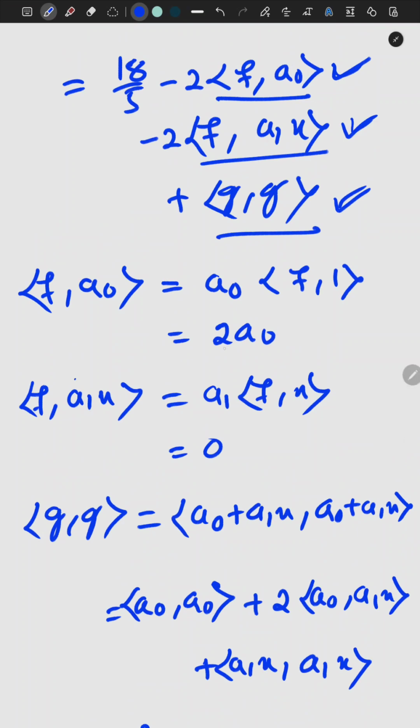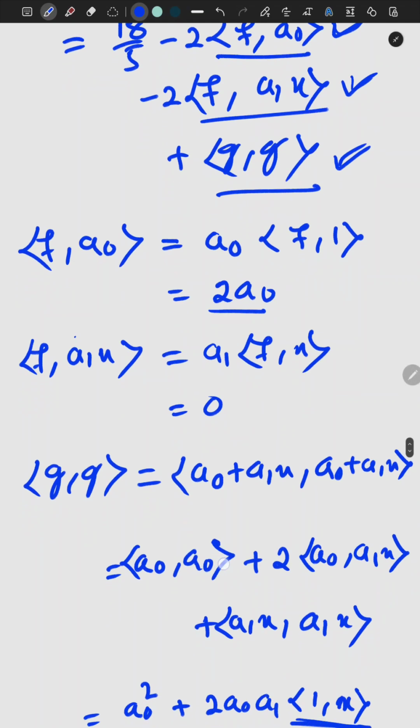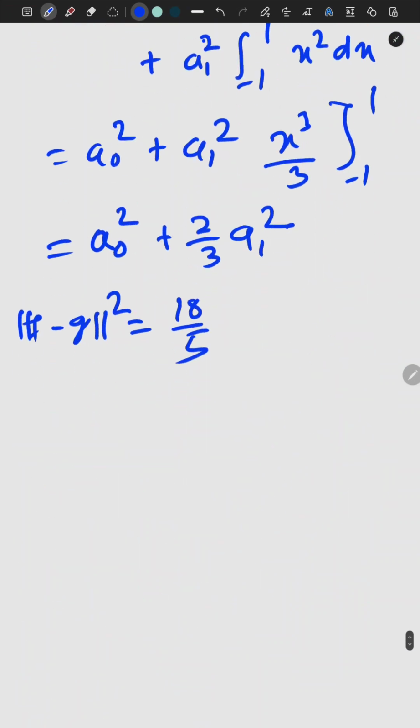The inner product of f with a naught is 2 a naught, and already 2 is there, so it gives minus 4 times a naught.